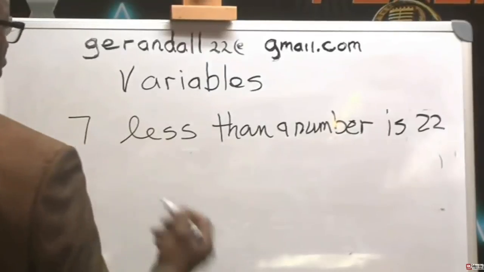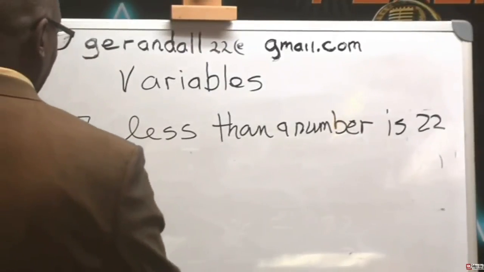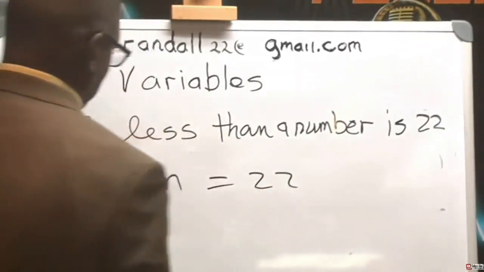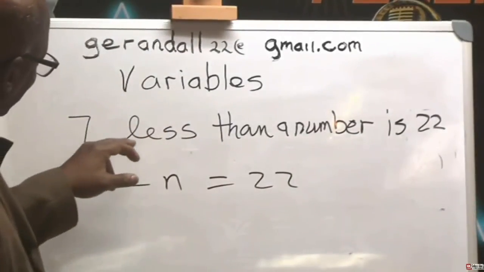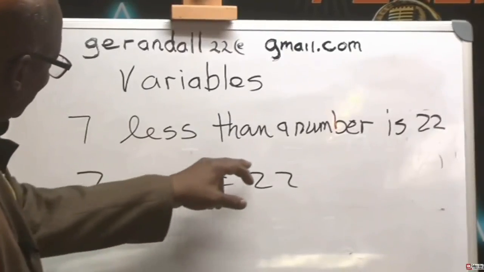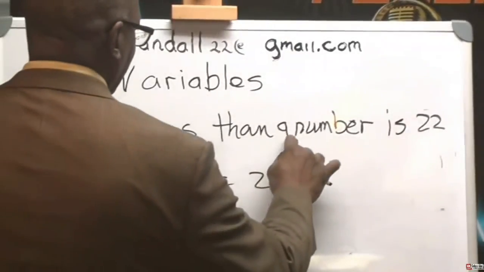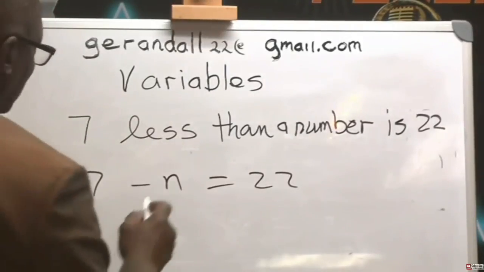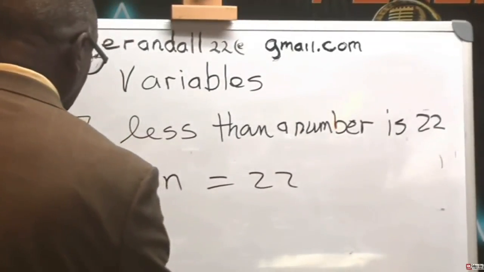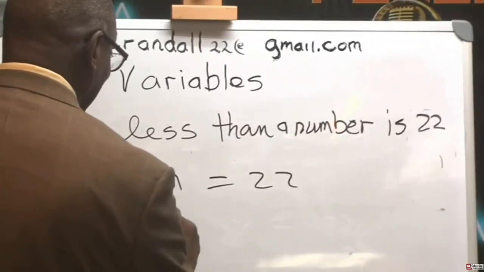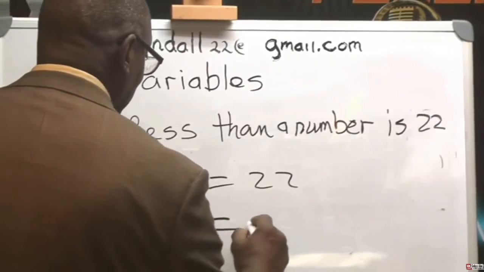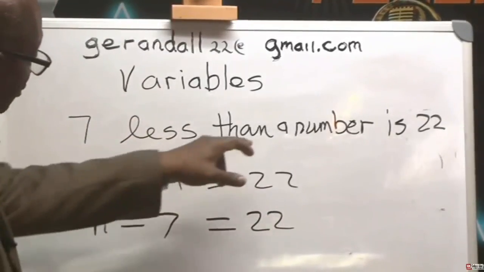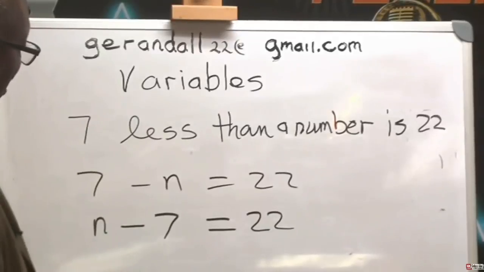So what comes first? Is it 7 minus n equals 22? Does that say 7 less than a number? That's why we have to be able to read. That's really, the number came first. We subtract 7 and we get 22. Must be able to interpret what that says.